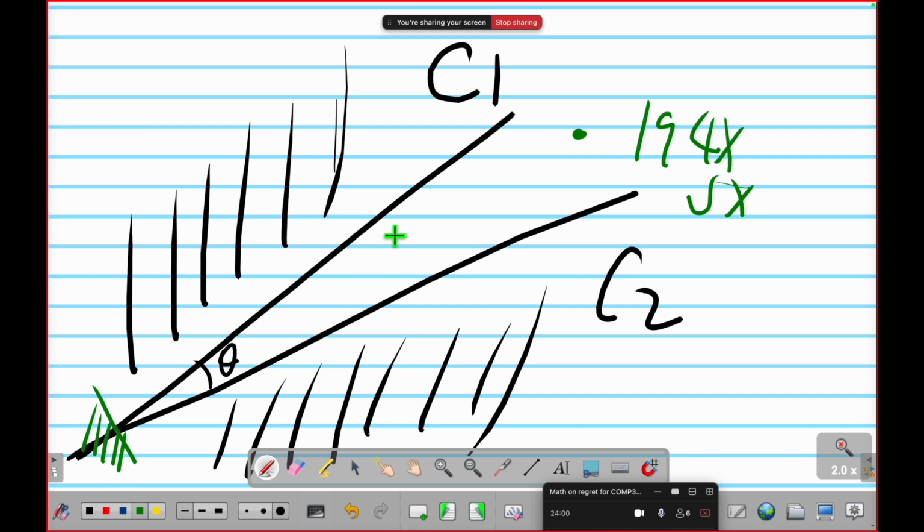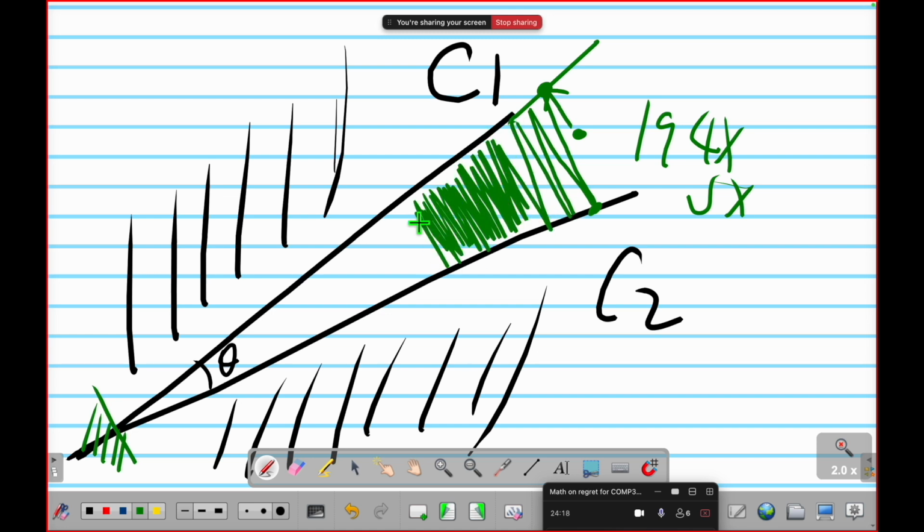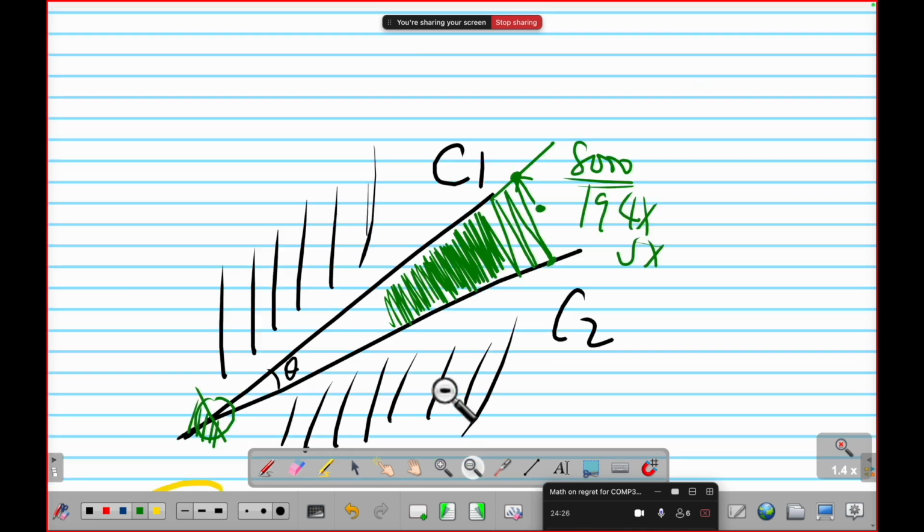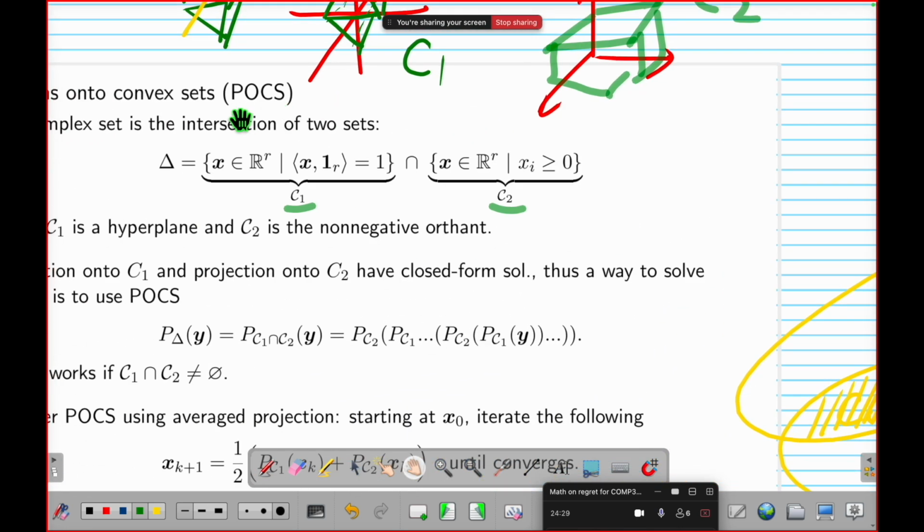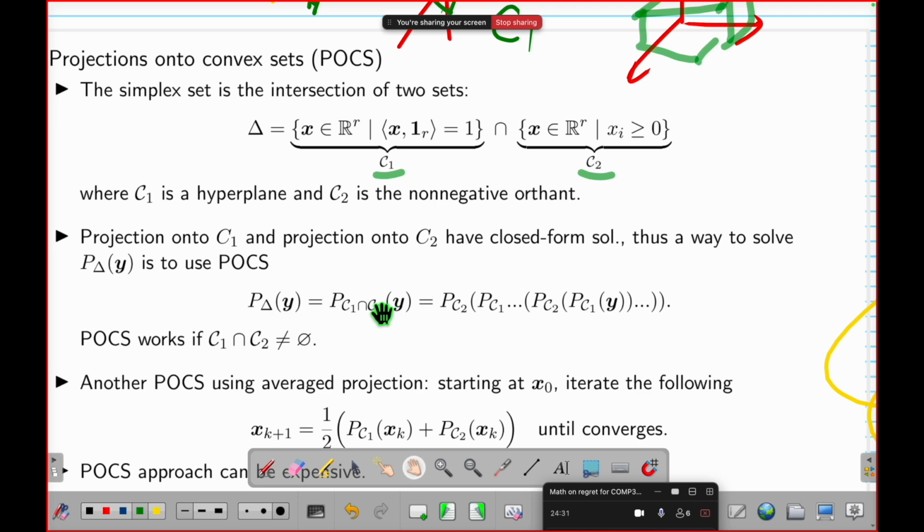If you project to C1, you first go here, and then you project to C2, now you go here, then you project to C1, go here, then project to C2, go here. Now you see, this is forever. Even this simple two-line case, just C1 and C2, can take 8,000 iterations just to get there. So in general, projection onto convex sets is very slow.